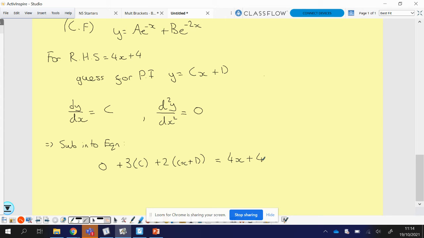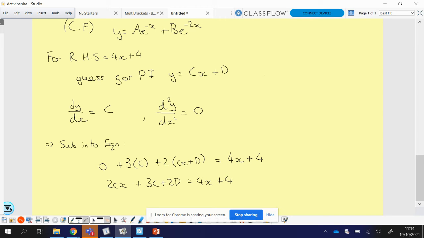Right. So let's see if we can solve what c and d are from here. I know that if I just look at my x terms and my constant terms, they should match this right hand side here. The only x term I'm going to have comes from this last bracket here. 2 times cx, so that's going to be 2 lots of cx. Therefore I'm going to have plus 3c plus 2d. That equals 4x plus 4.